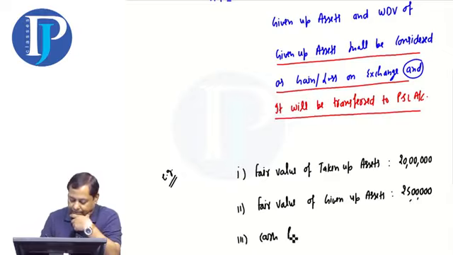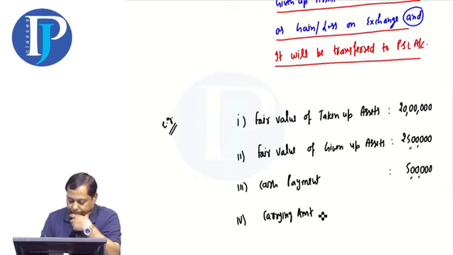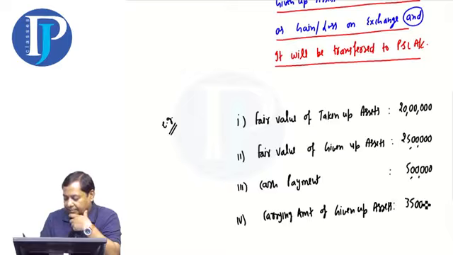Cash payment is 5 lakhs. Carrying amount of given up assets is 35 lakhs.